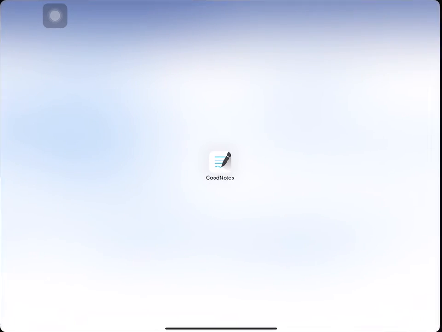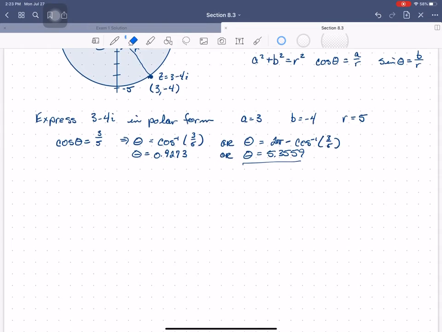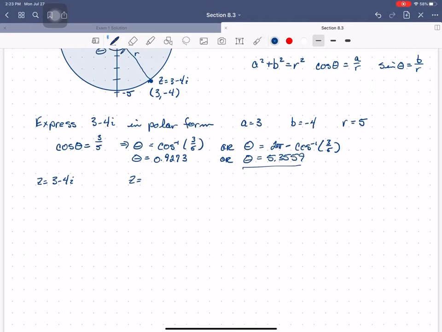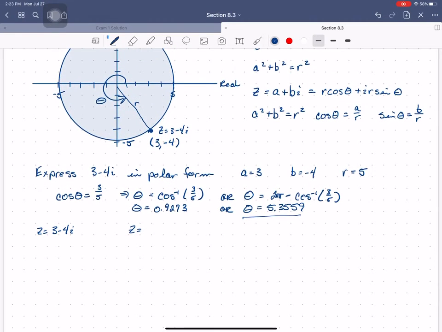So what we know now is that we can write the number 3 minus 4i as r cosine theta, so 5 times the cosine of 5.3559, plus i times 5 times the sine of 5.3559.